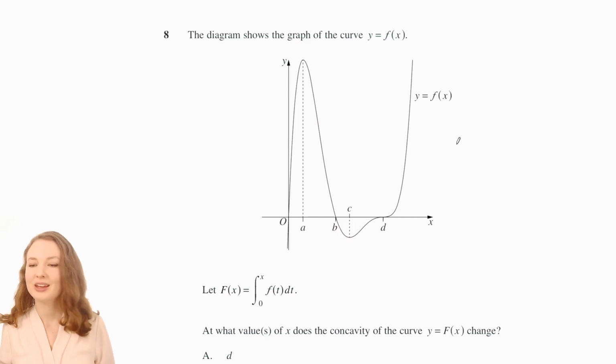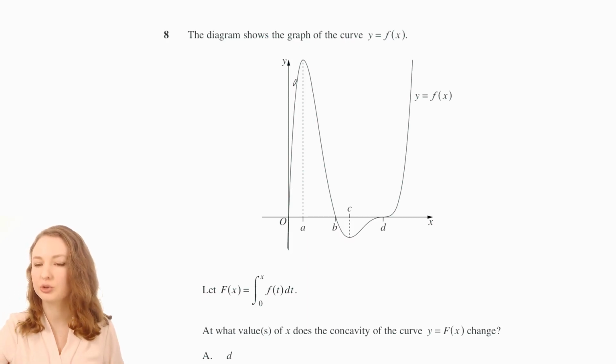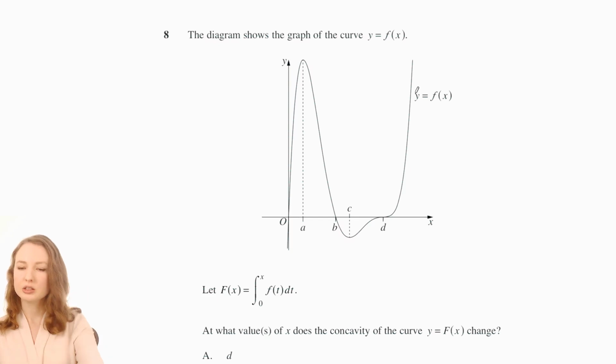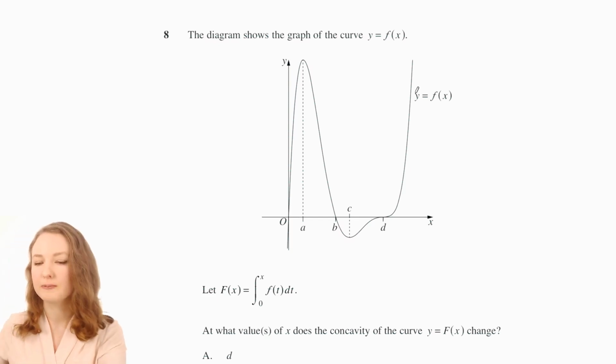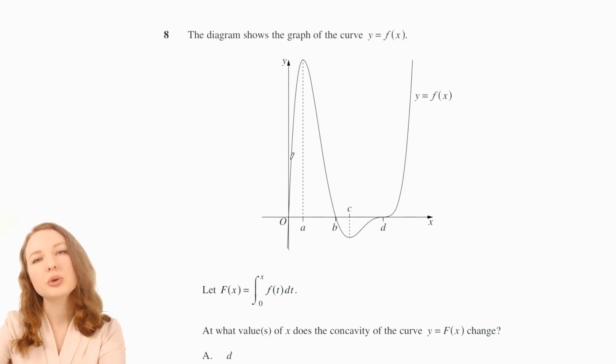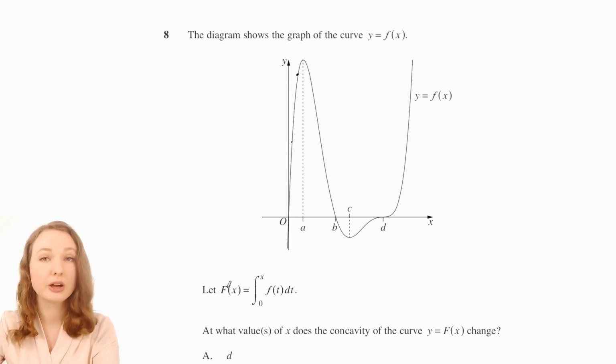Question 8. The way that I would think about this one is that if we want to graph the integral of this, then this graph represents the slope of the function we want. So let's think about what that's going to mean. Here we can see that the slope is positive because it's above the x-axis, and it's also increasing because it's going up. That point's higher than this point, therefore the slope must be bigger here than here on our graph of big F of x.